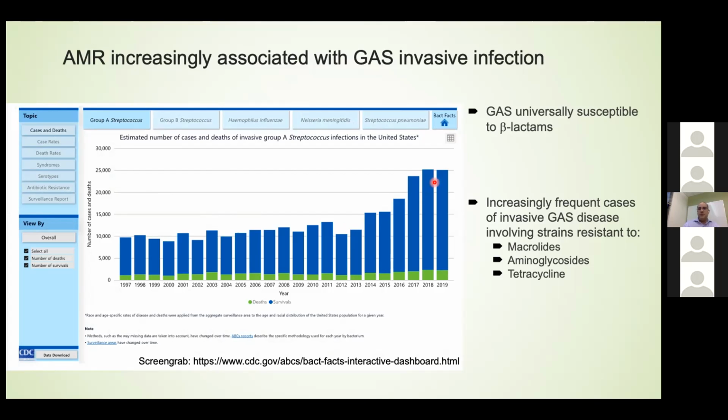And a lot of those infections are associated with increasing rates of macrolide, aminoglycoside, and tetracycline resistance. And these are all second-line antimicrobials that can also be used to treat group A strep infection in those people that are allergic to beta-lactam. So that raised a level of concern in terms of the problem that this could engender for public health.